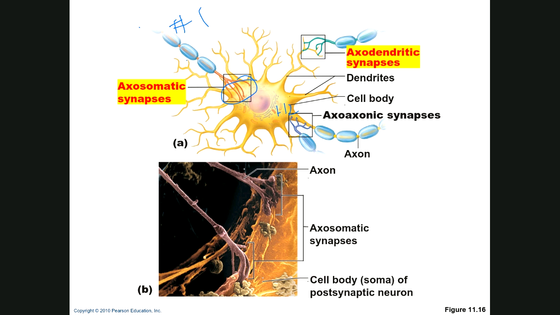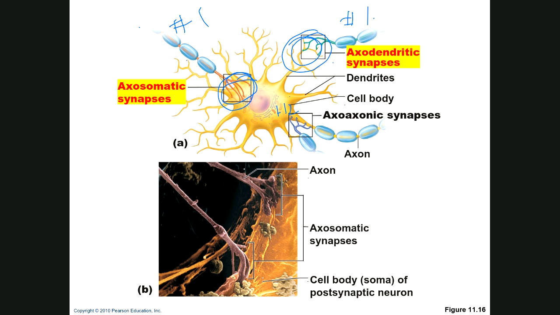The other example of another one of these synapses is when neuron number 1 is synapsing with the dendrites of neuron number 2. So remember that the receiving regions of a neuron are the soma and the dendrites of the neuron. Those are the places where these synapses take place.